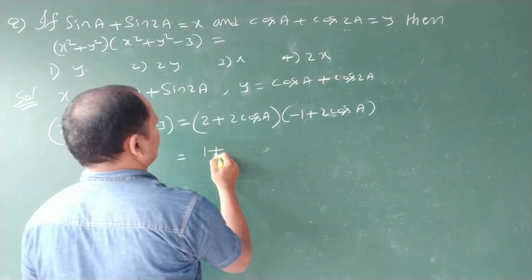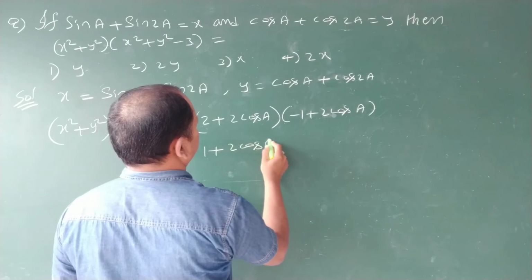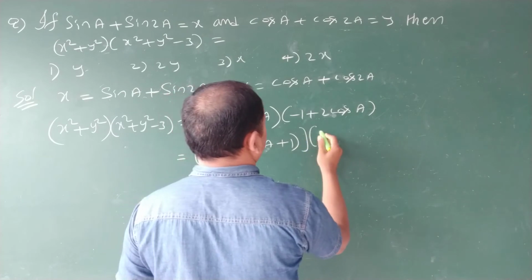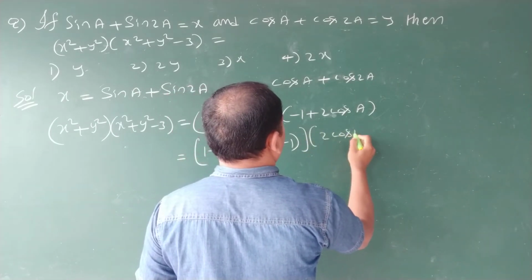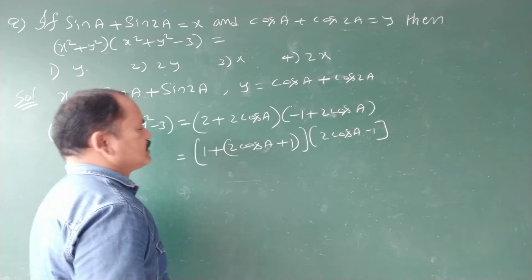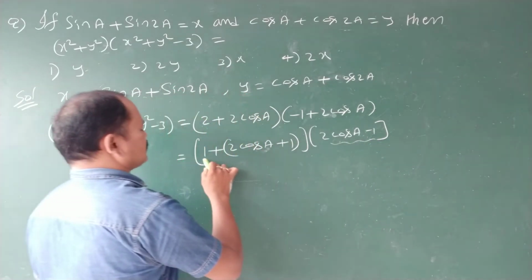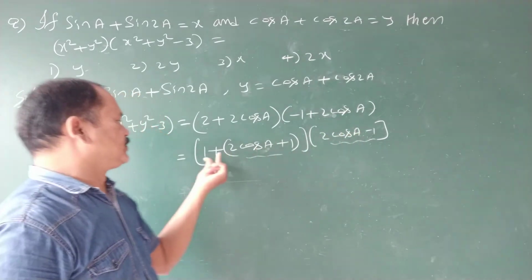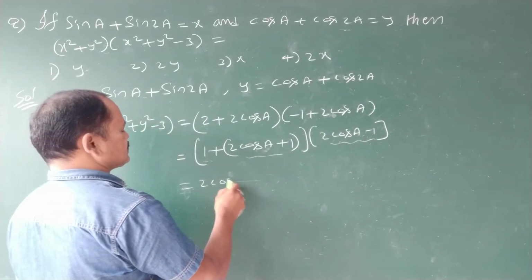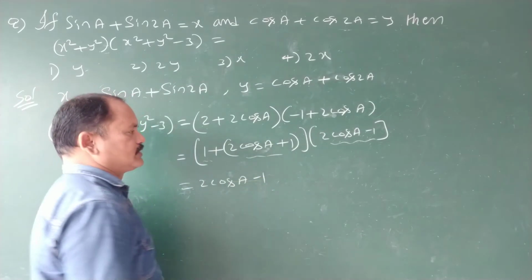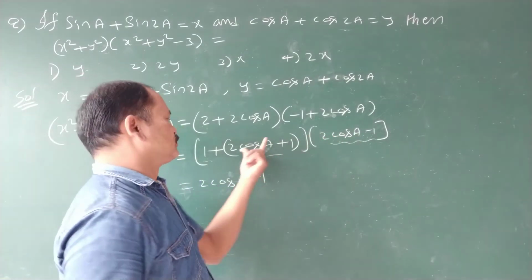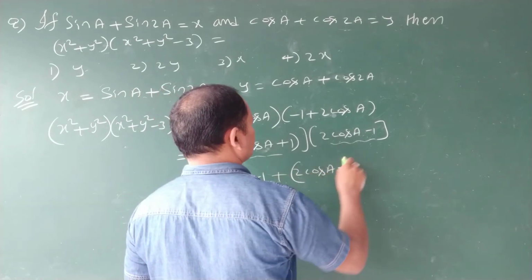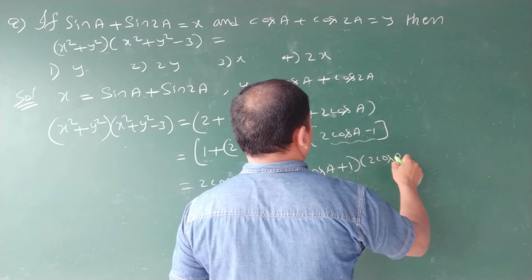Or we can write 1 plus 2 cos a plus 1 into 2 cos a minus 1. So with this we have to multiply these two. Now 2 cos a minus 1 into 1 is 2 cos a minus 1, and these two plus 2 cos a plus 1 into 2 cos a minus 1.